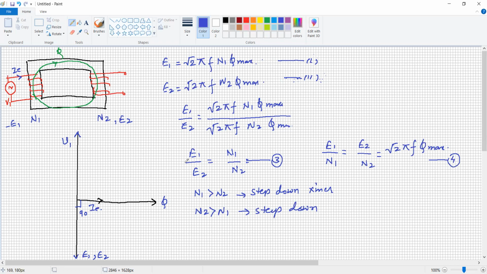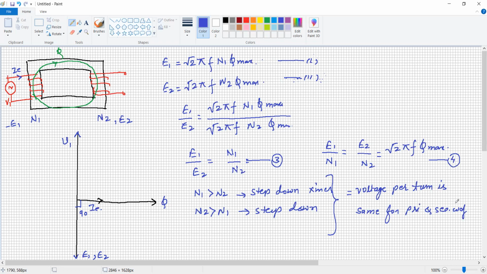And the voltage per turn is the same for the primary winding and the secondary winding.